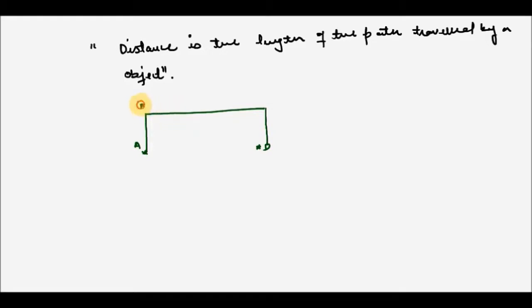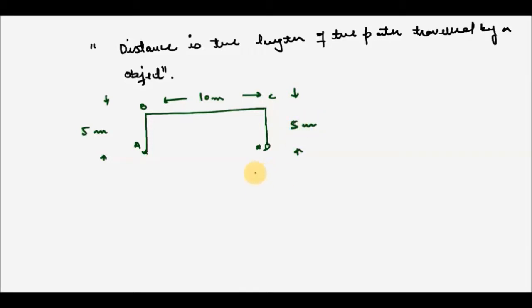Let me say this is point B and this is point C. So the path he chooses is A, B, C and D. Now let me say that the length between AB is 5 meters, the length between BC is 10 meters, and the length between CD is 5 meters again.